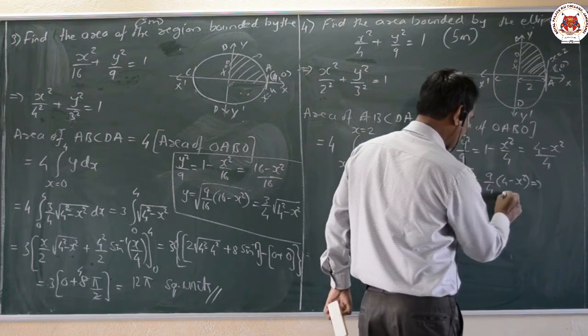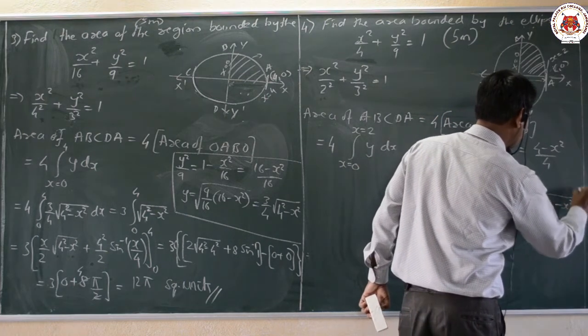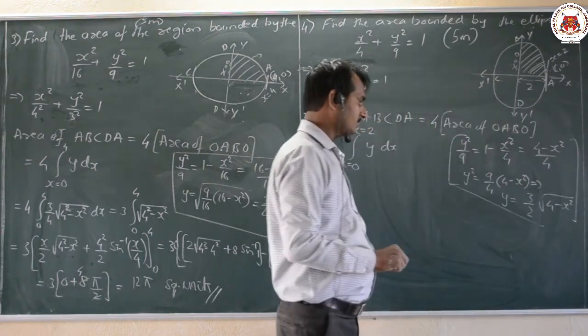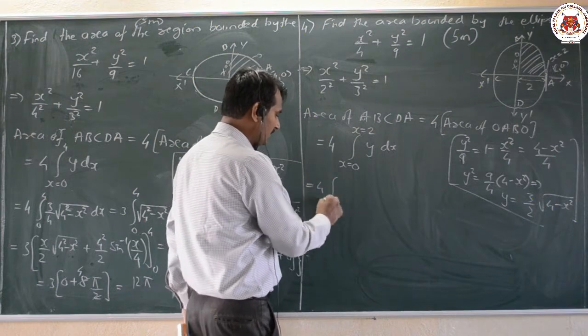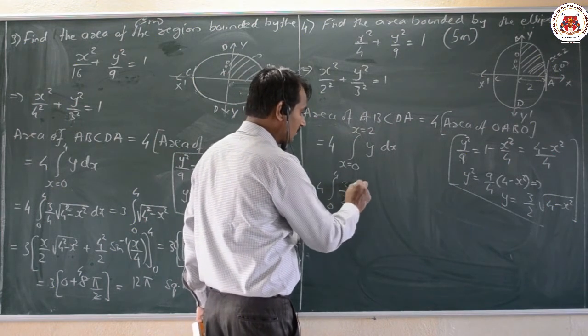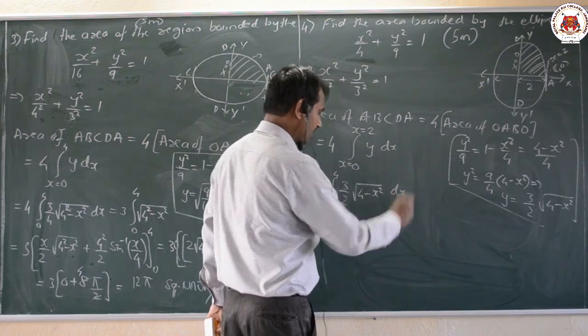That implies y is 3 by 2 root of 4 minus x square. I will substitute that y value here. What we get is 4 into the integral of 3 by 2 root of 4 minus x square dx.